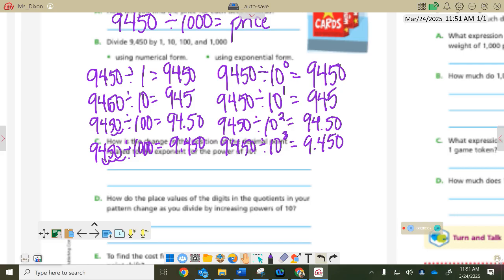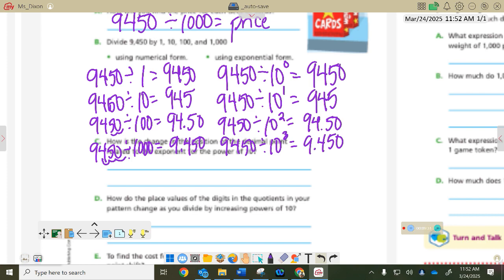All right. How is the value of the digits in the quotient in your pattern? How is the change in the position of the decimal related to the exponent and the power of 10?